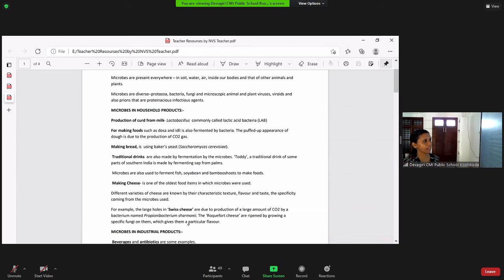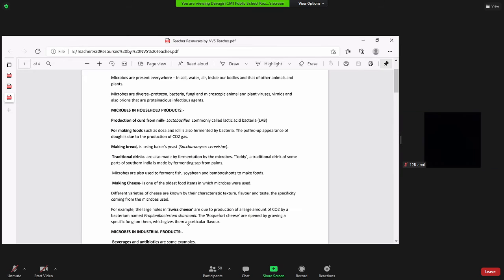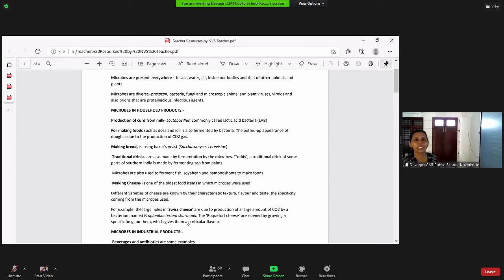For making bread, we use baker's yeast, a fungus, Saccharomyces cerevisiae. Traditional drinks are also made by fermentation by microbes. One example is toddy, obtained from fermenting sap from palms. Some other foods are also fermented: fish, soybean, and bamboo shoots.